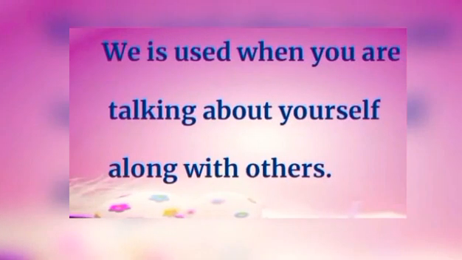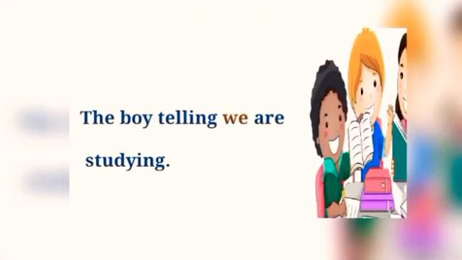Next example is we. We is used when you are talking about yourself along with others. For example, the boy is telling, we are studying. Here, we is a pronoun.